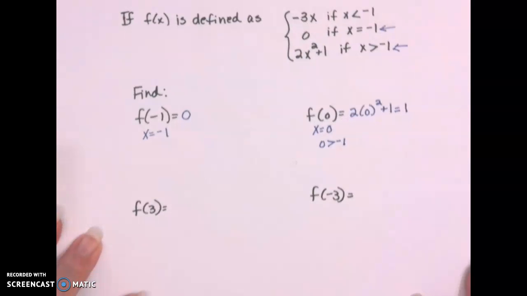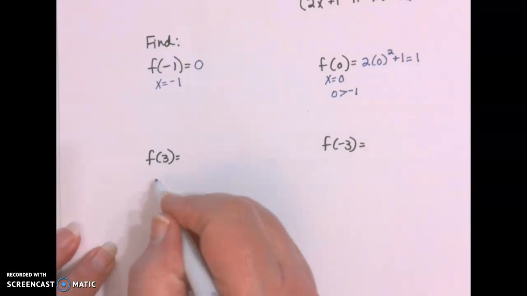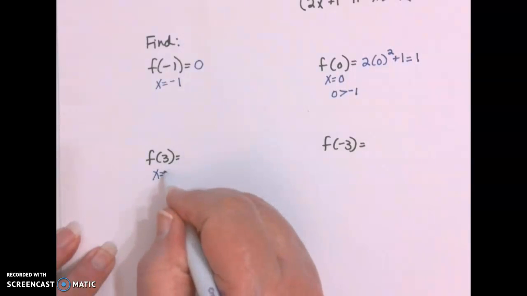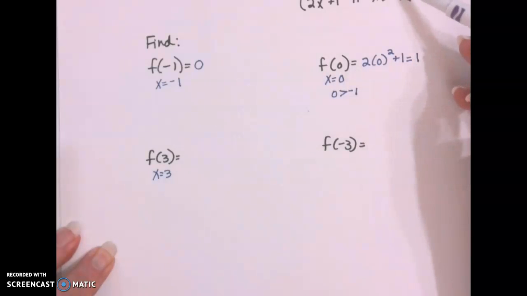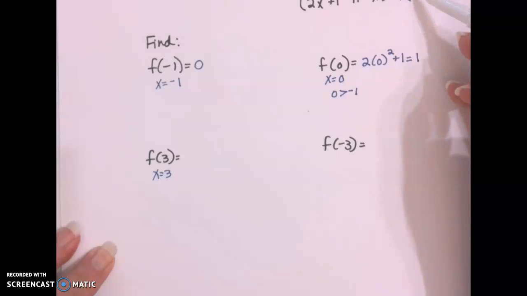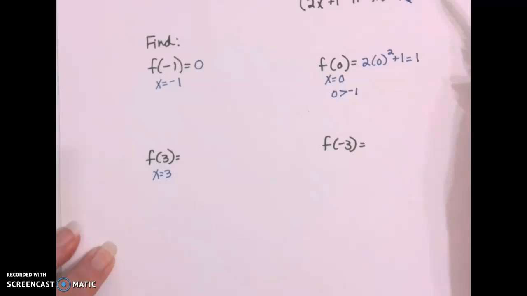On the third part, we're looking for f of 3. x equals 3, and we compare that x value. Is it less than negative 1, equals negative 1, or is it greater than negative 1? It's another example of an x that's greater than negative 1.